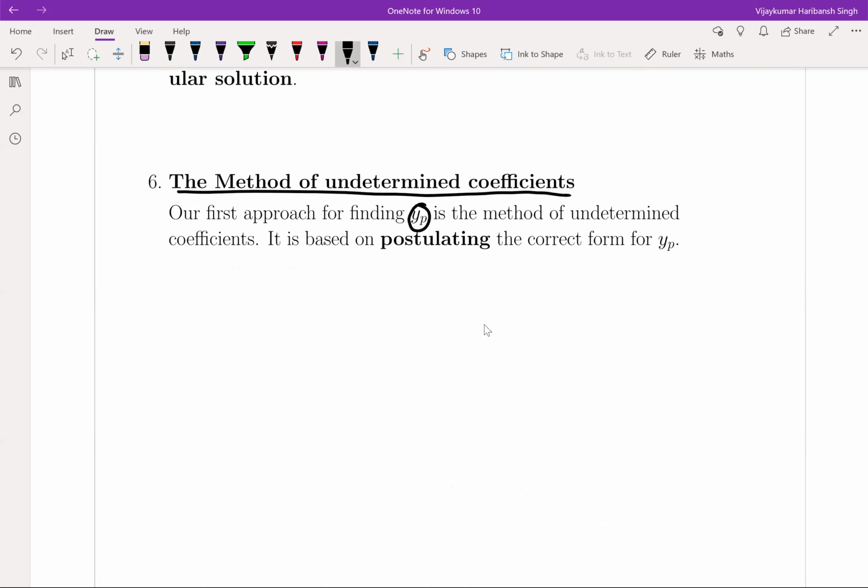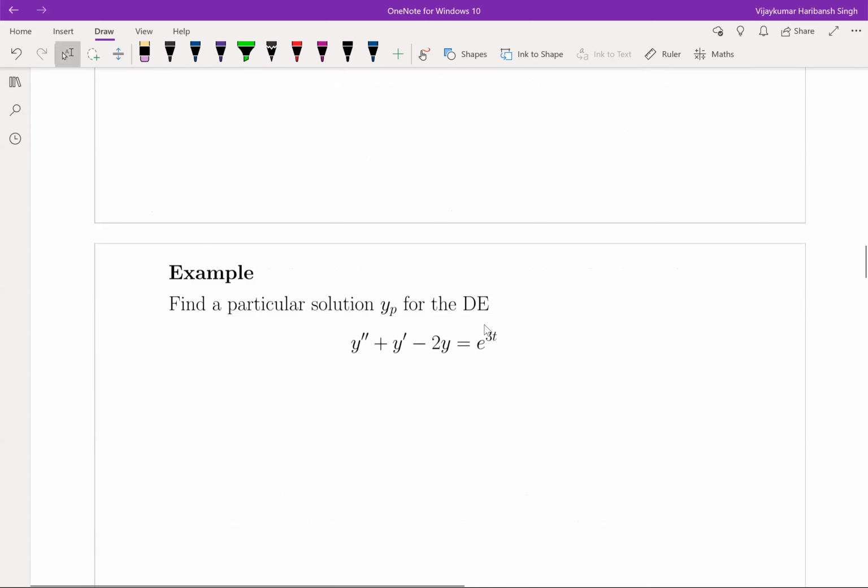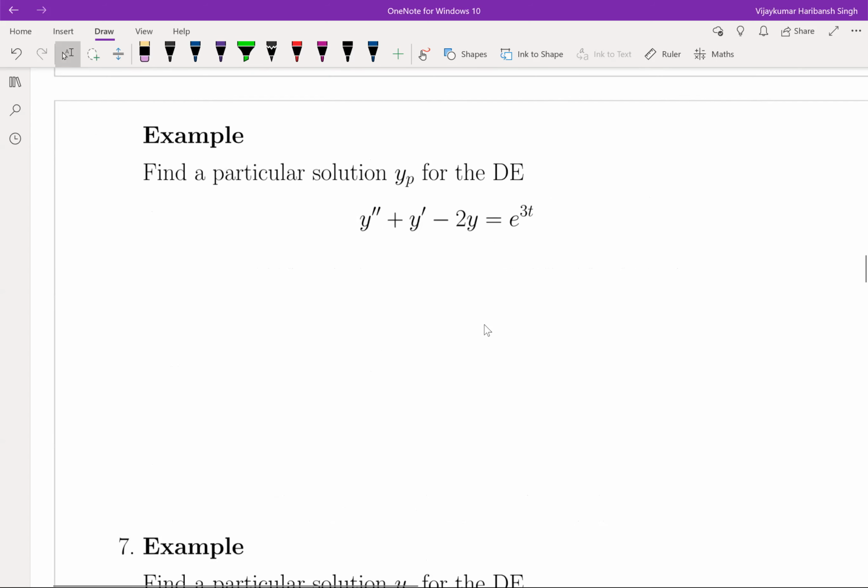It is the method of basically postulating a correct form for yp and working it out. So here, find a particular solution for this differential equation. You're given this and you want to find yp in a way that it satisfies this differential equation. You will just need one yp, that's good enough.